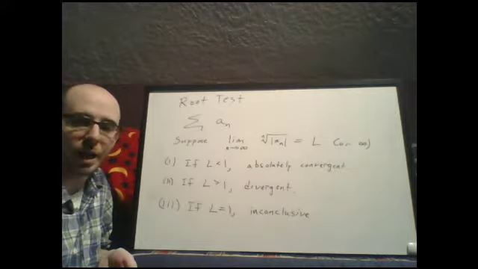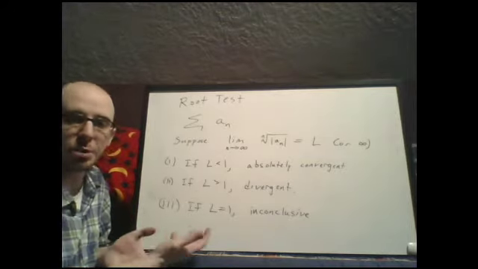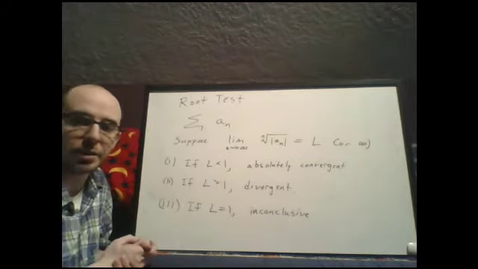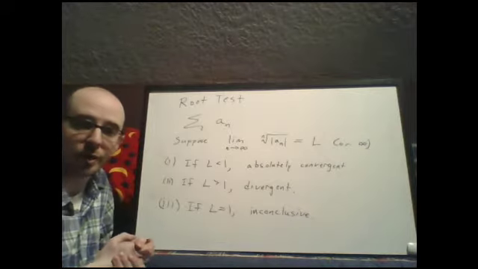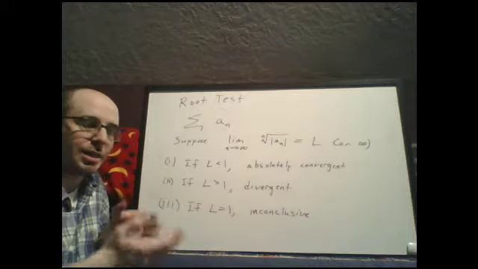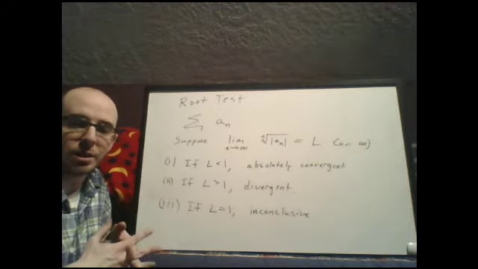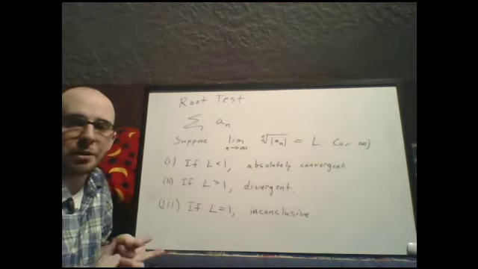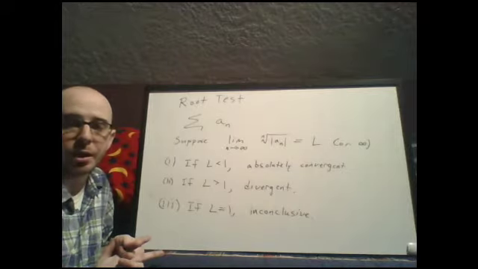If you're presented with a particular series and you want to figure out is it convergent or divergent, and you know you want to use either the ratio test or the root test, depending on the specifics of the series, one may be better than the other. One may be easier than the other.